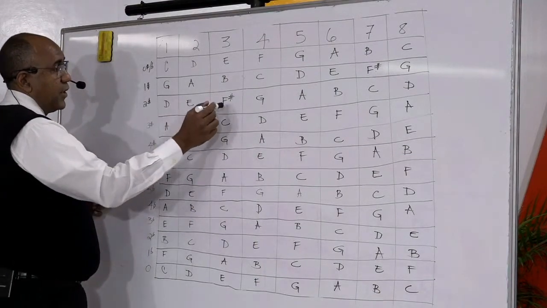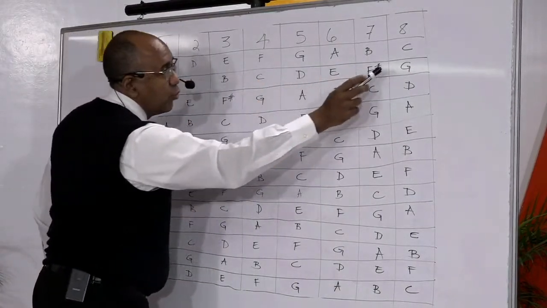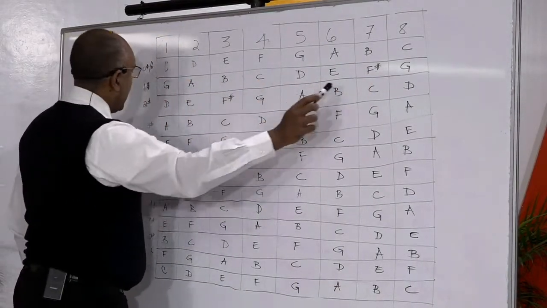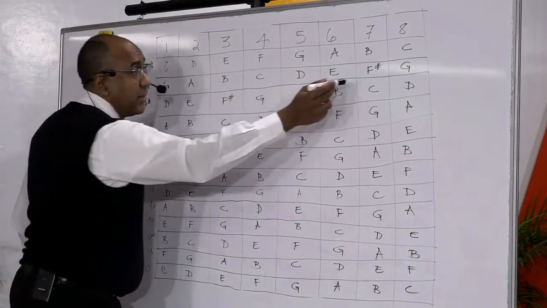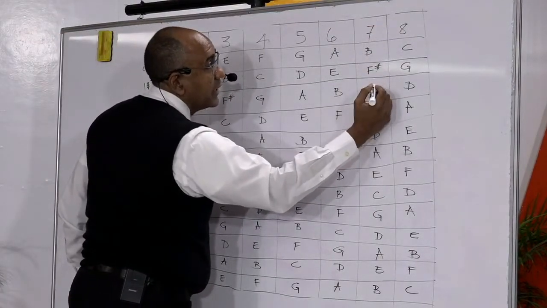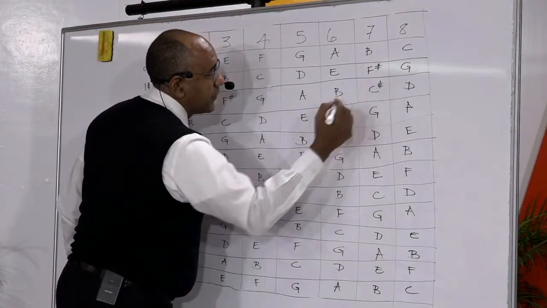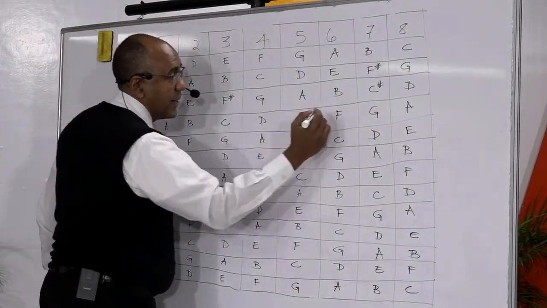In G, we added one sharp. In our next key, D, we're carrying back the F sharp and adding a new sharp, and the new sharp is coming on the 7th degree. The same thing happens in A. The F sharp comes back.